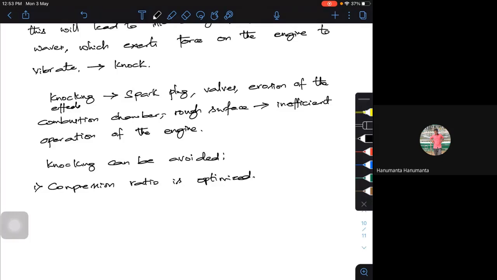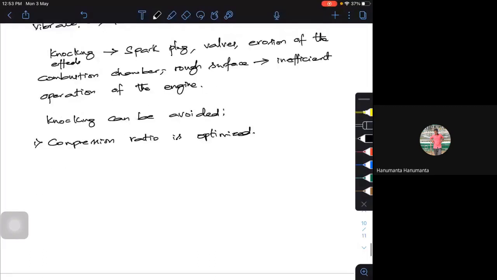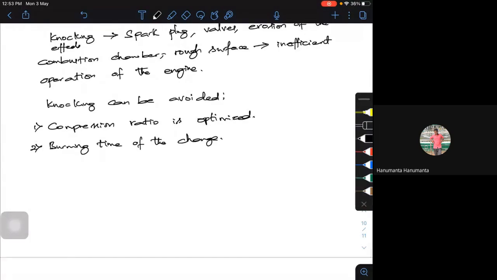Then the burning time, the combustion charge is the second one. Then the third one, if I'm using an SI engine, it should have a high octane number. If I'm using a gasoline engine, maybe an SI engine, it should have a high octane number, so that will automatically reduce your pre-combustion.